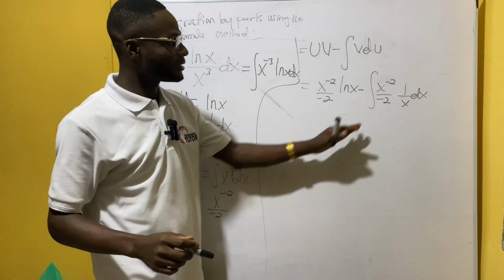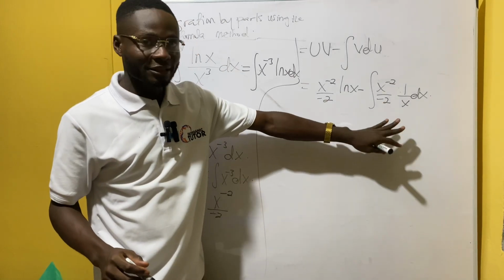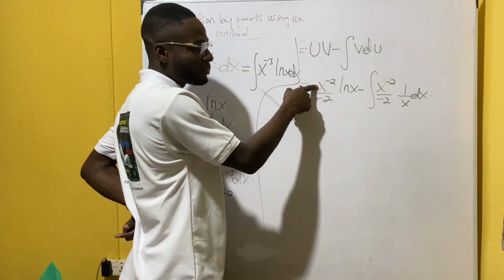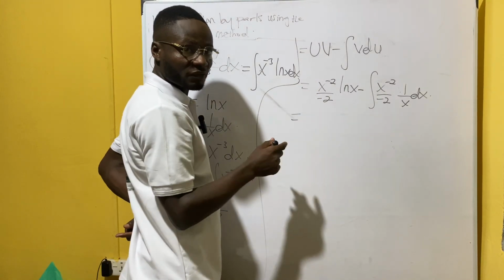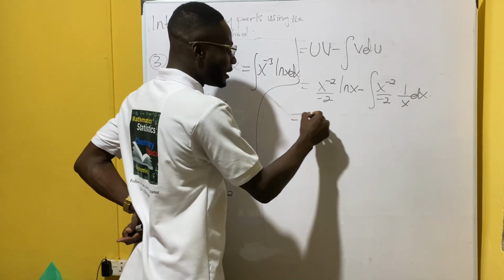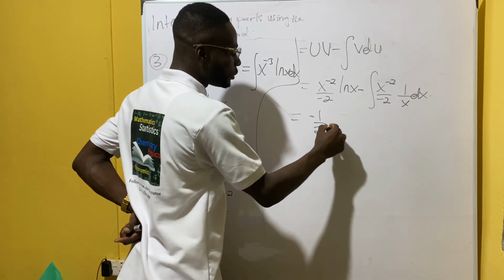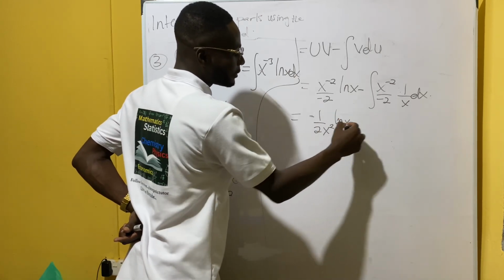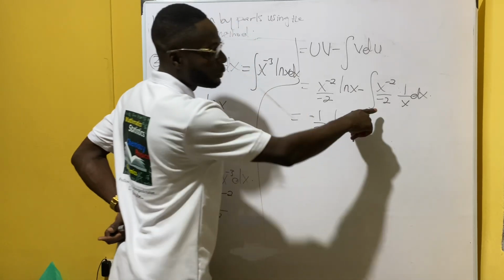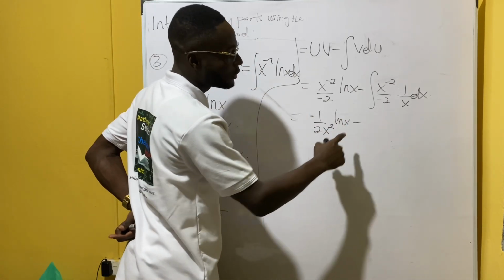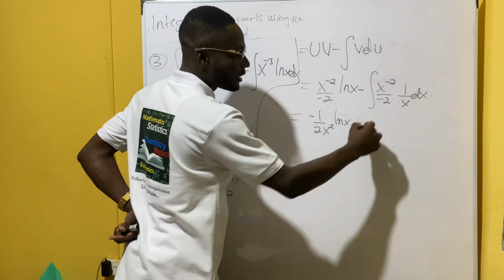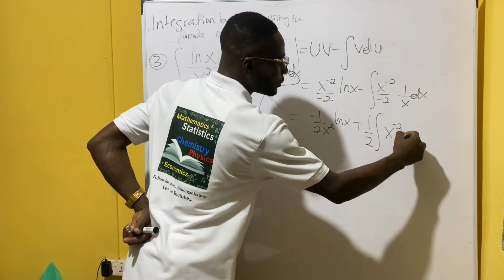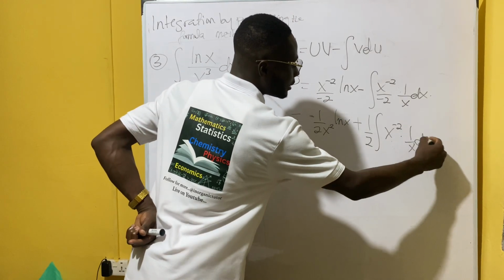So we simplify this and integrate it the last time, and we are good to go. So right here, you know that x power negative 2 can be reversed to 1 over x squared. So we have negative 1 on 2x squared, because of the negative 2 right here, ln x minus, we can bring the negative half out. So negative negative is going to be positive half into x power negative 2 times 1 on x dx.